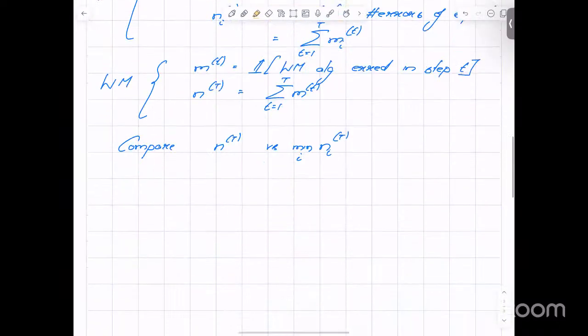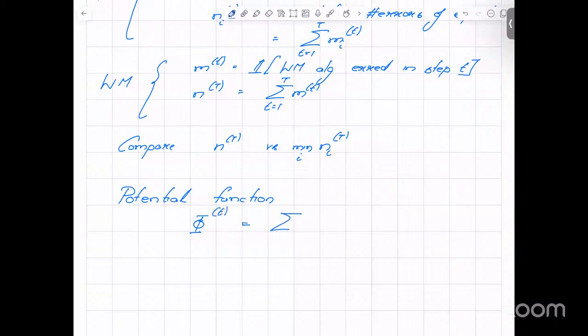So we're going to come up with a potential function phi^t for every time step t. This is just going to be the summation of the weights at that time step.